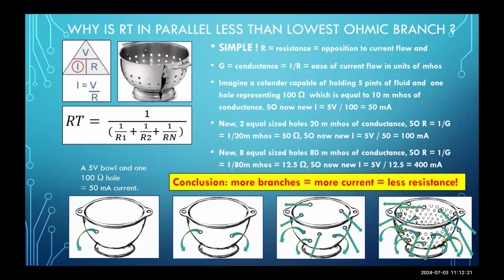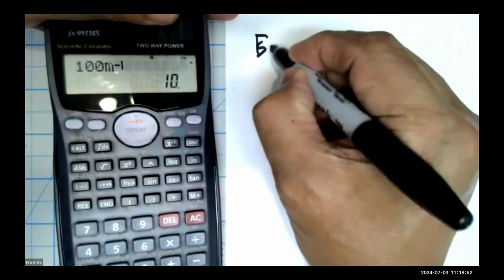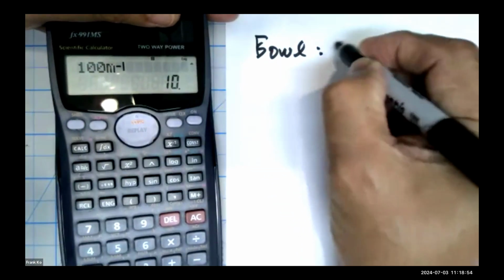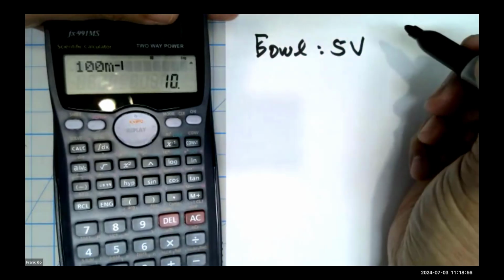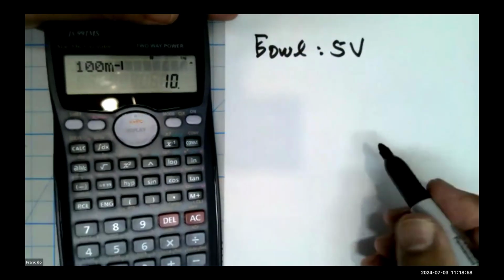Now, we'll get into the nitty-gritty of some numbers. Actually, it probably wouldn't hurt for us to do this right now. So I'm going to segue into my camera for just a moment and show you the calculations for this. The bowl represents 5 volts of pressure, of being able to push fluid out of the bowl.